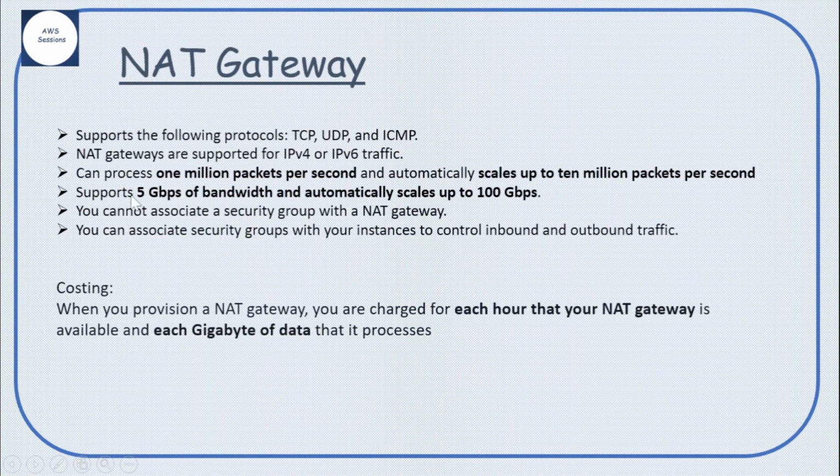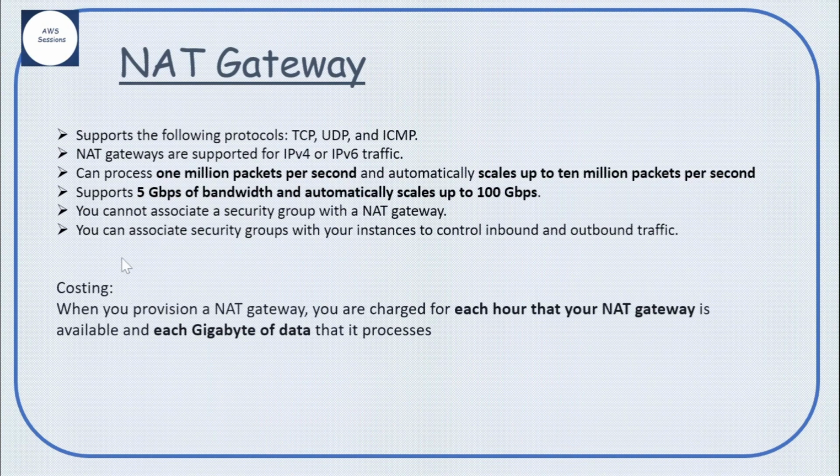It supports 5 Gbps of bandwidth, and that can automatically scale up to 100 Gbps. The important thing here is that you cannot associate a security group with a NAT gateway. So in order to do traffic filtering, you have to define those rules at the instance level, because there you can have security groups attached.